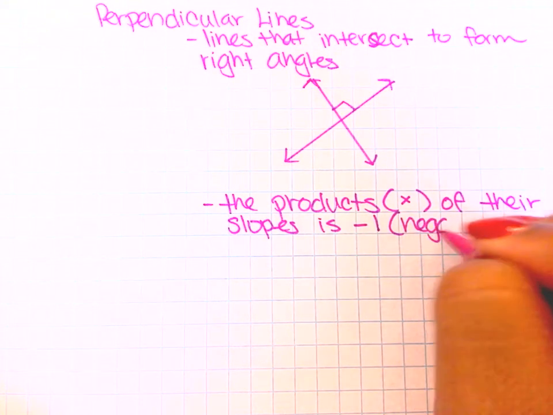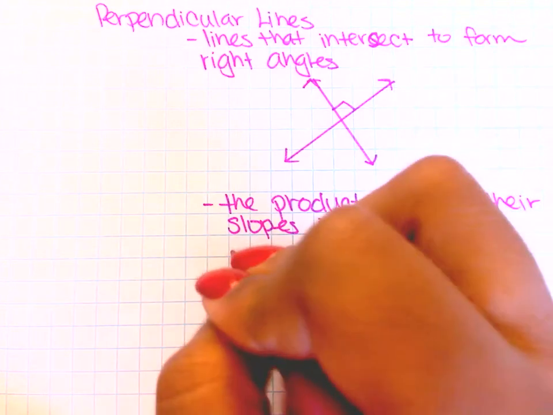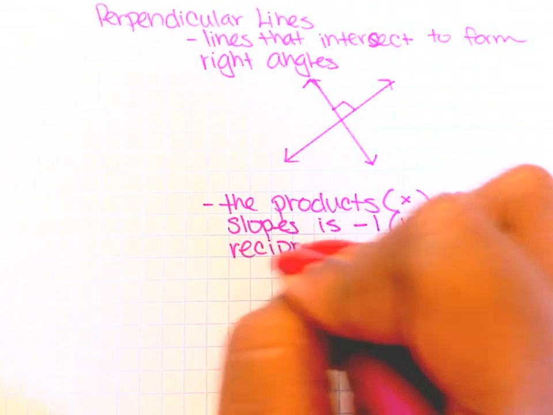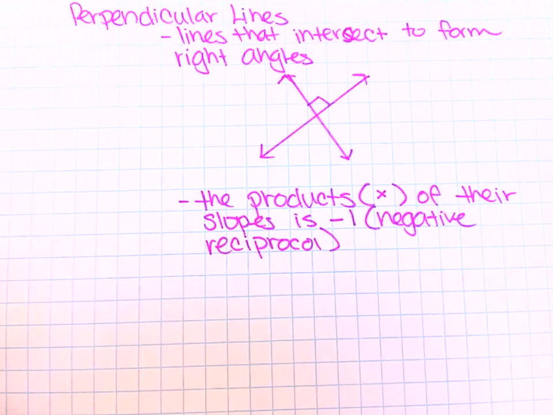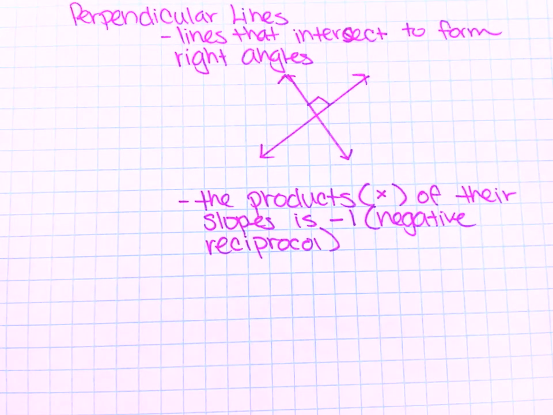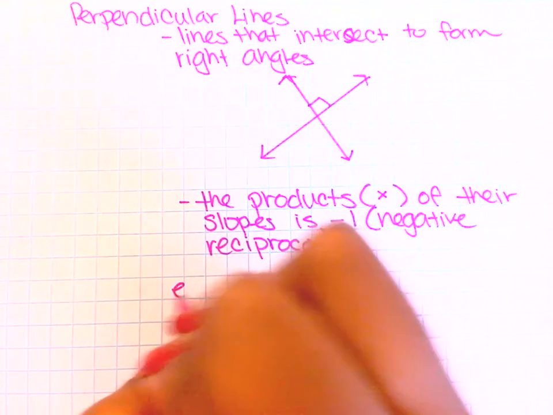It's the negative reciprocal. So when you have perpendicular lines, if you take the slope of one and you multiply it by the slope of the other, you should get -1. And you know that the lines are perpendicular. So I'm going to give you an example.